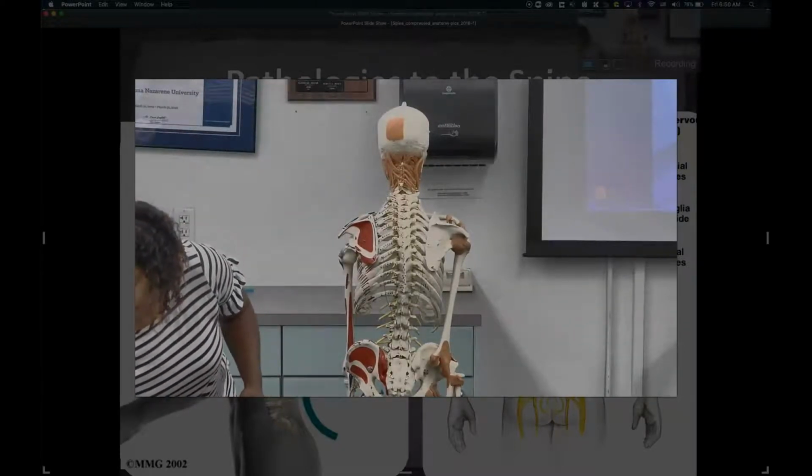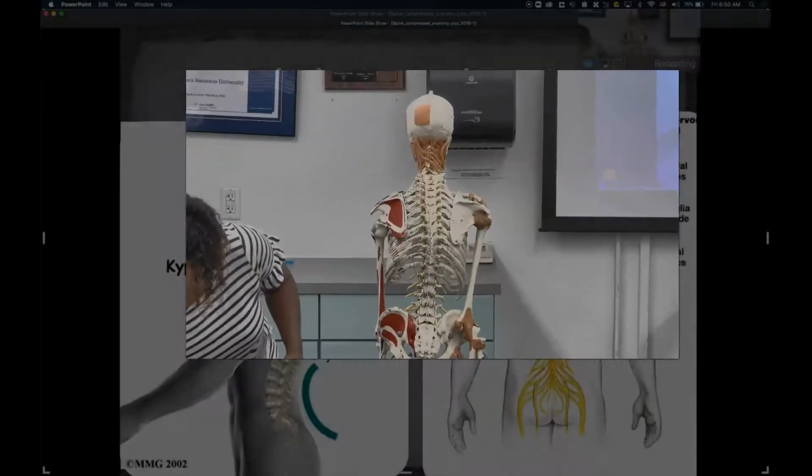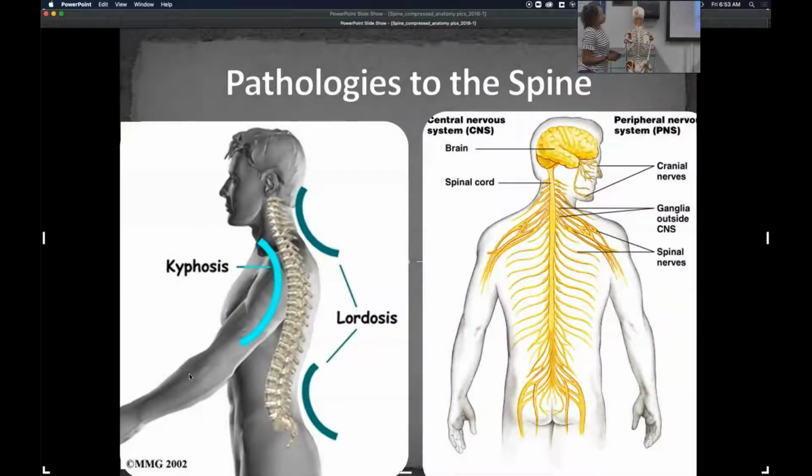When we're thinking about nerves and how they're innervated throughout the body, looking at that image on the right-hand side of the slide, we can see there are a vast array of nerves that literally arise off of the skull or the spinal cord and then supply the rest of the body. We would call those cranial nerves and peripheral nerves, right? And essentially, it's forces that happen to the spine that can impact the way in which these nerves function.